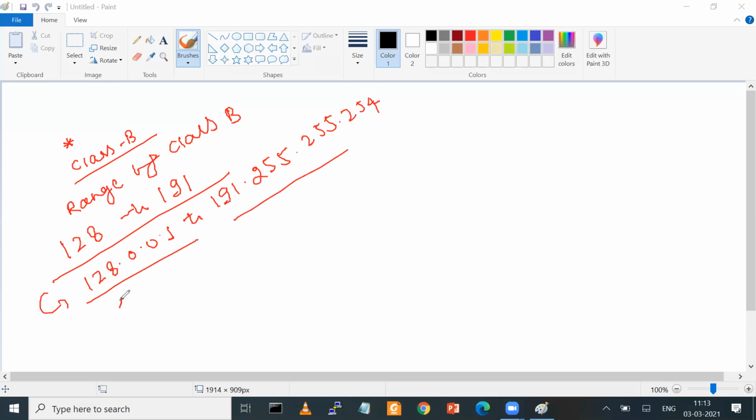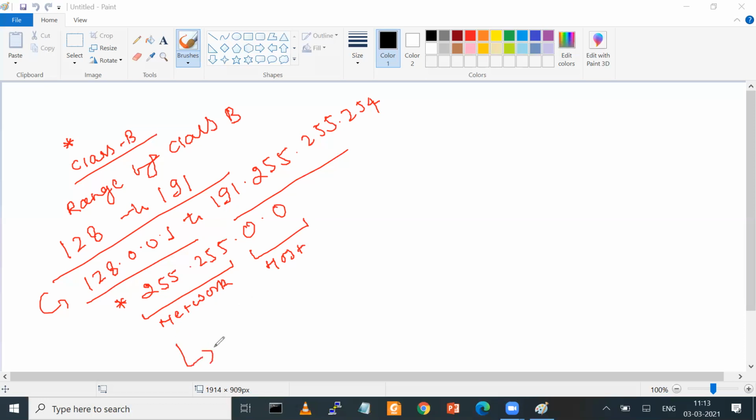And guys, the subnet mask of class B looks like this: 255.255.0.0. So the first portion is for network, and the last two portions are for host. First two portions are for network and last two portions for host.